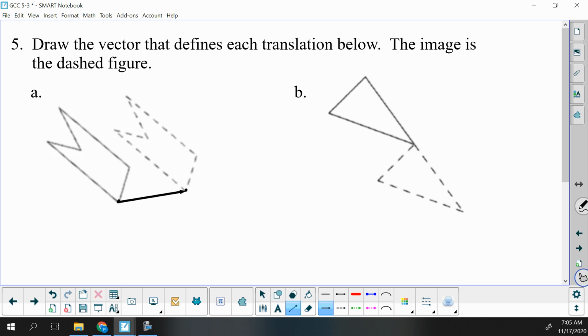So the arrowhead point should be finishing at the image. We'll do the same thing in B. Here's a point in our pre-image, there's a point in our image, and we'll just draw in our arrowhead that shows that slide. It shows the specific length we should slide and the specific direction we should slide.